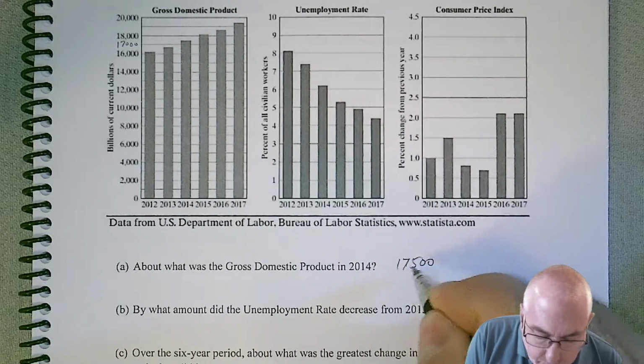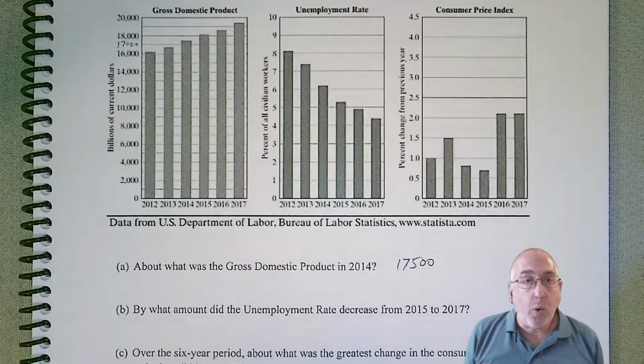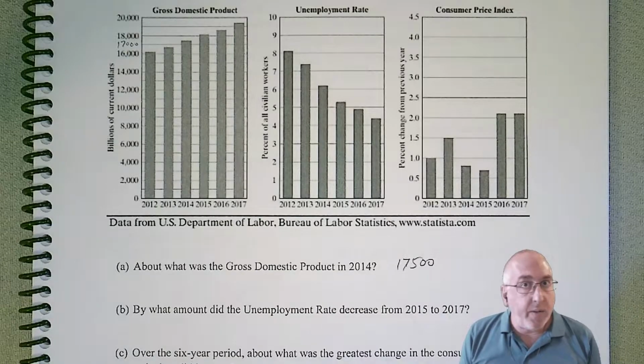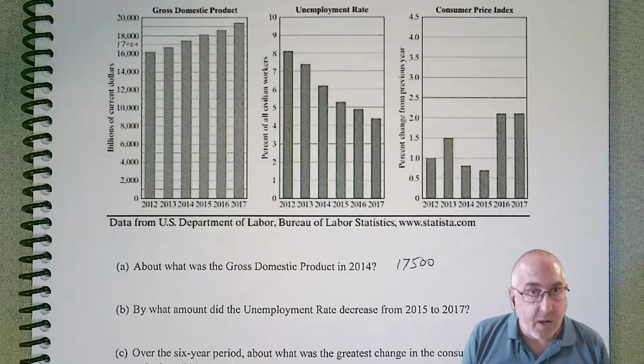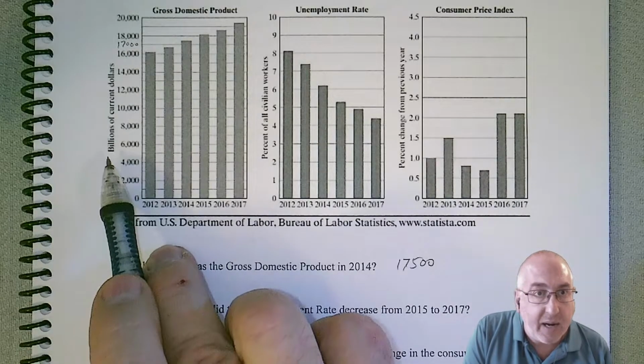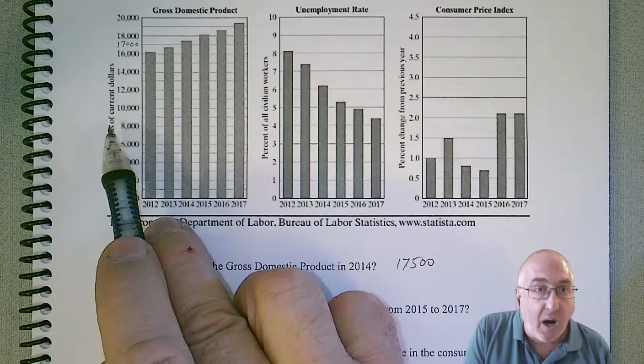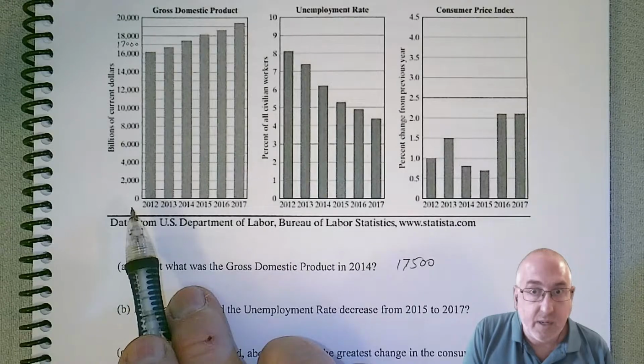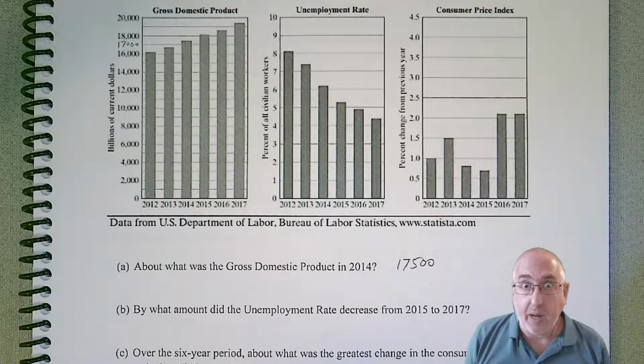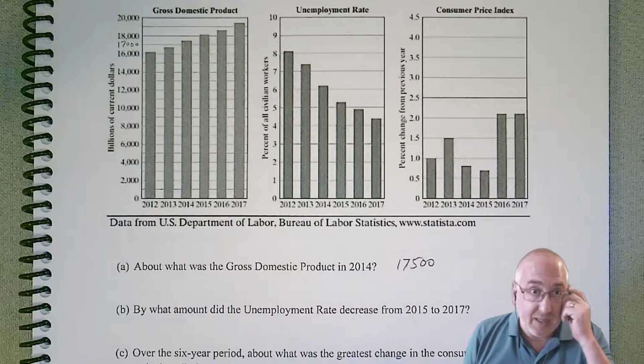17,500. Now, we want to make sure we write the appropriate units though. That's where looking at the side is very, very important. And this says billions of current dollars. So this is money we're talking about here, and we're talking about billions.